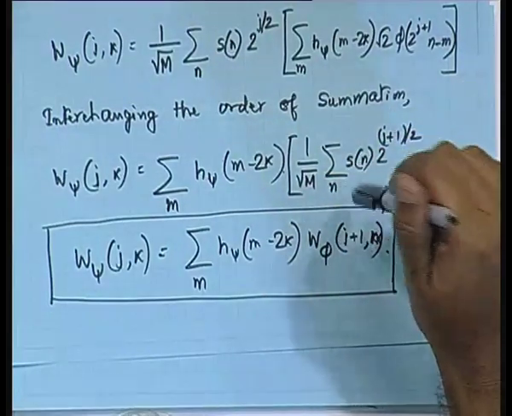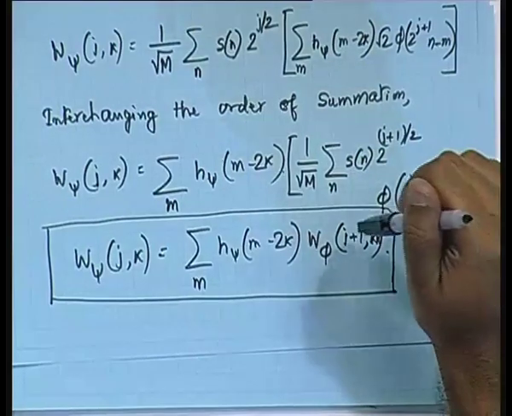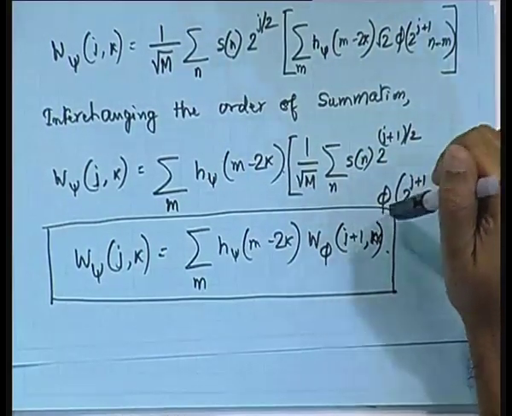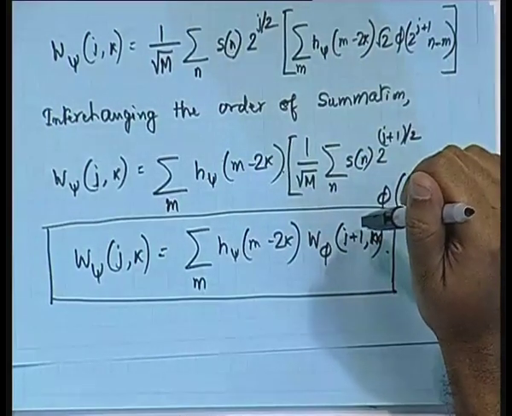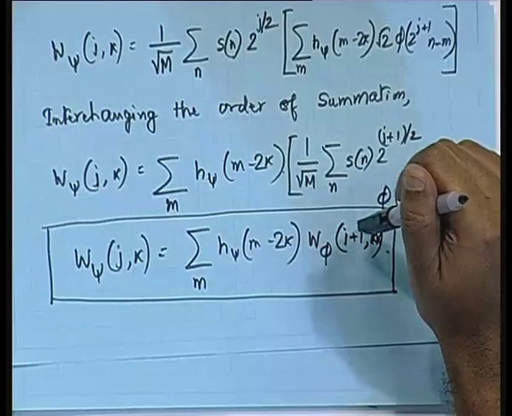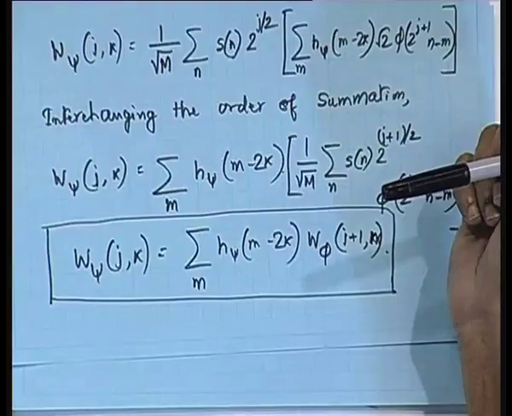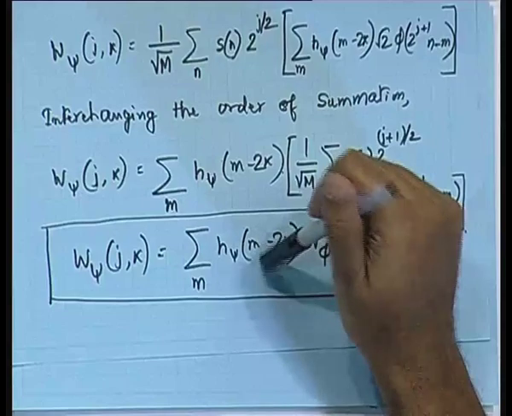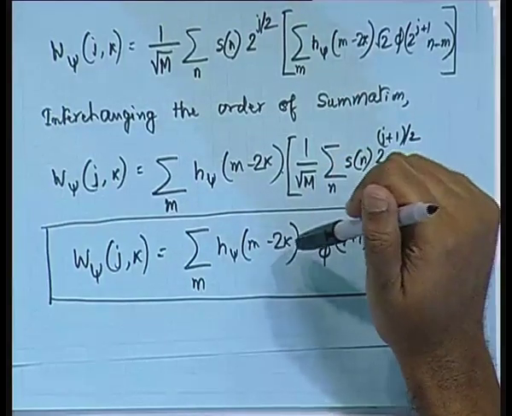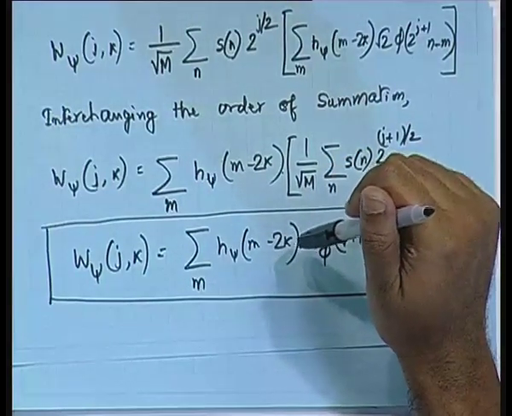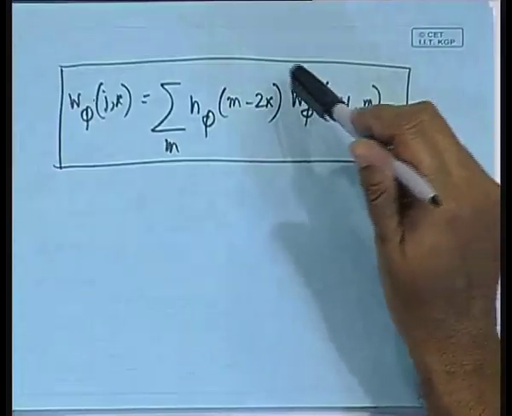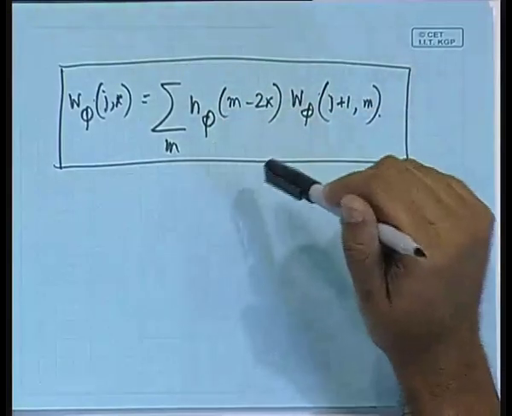That means to say that if W phi j plus 1 m is available with you, what you are essentially doing is you are convolving that with h psi. So, it is a convolution with h psi function, that is what you are considering. And in this case it is convolution with h phi function.